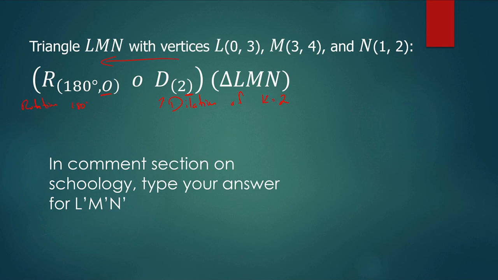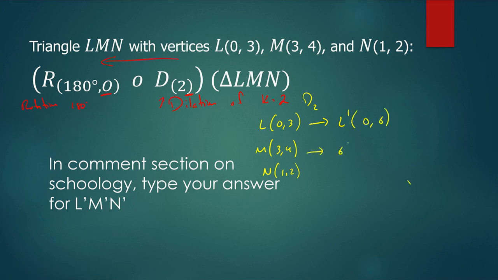So a dilation of each one, so we're going to write it out: L is 0, 3, M is 3, 4, N is 1, 2. Okay, so the first one is a dilation of 2, which means each one we multiply by 2. So L prime is 0, 6, M prime is 6, 8, and N prime would be 2, 4. Okay, and then it says a rotation, right?